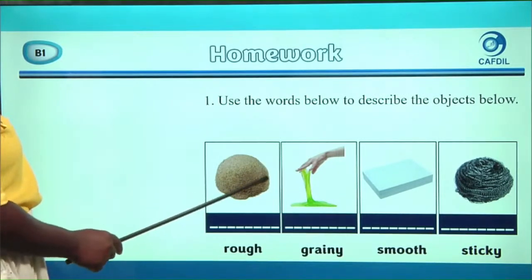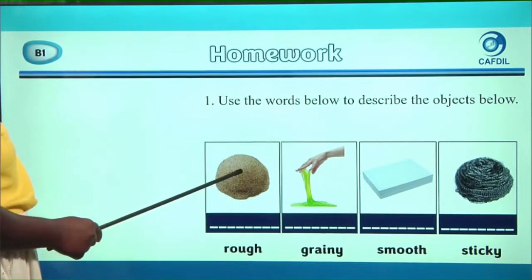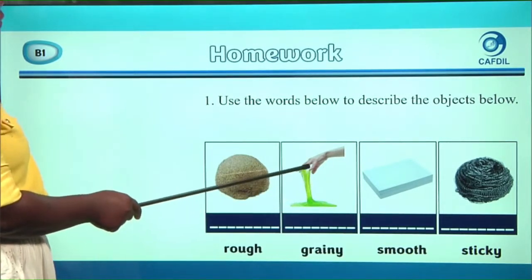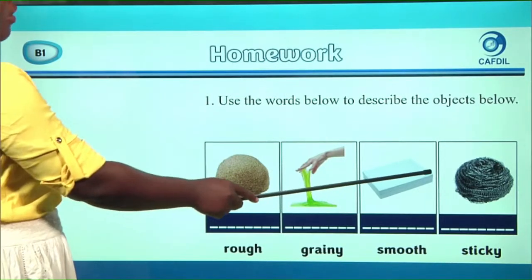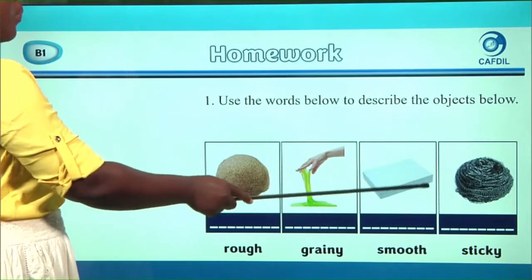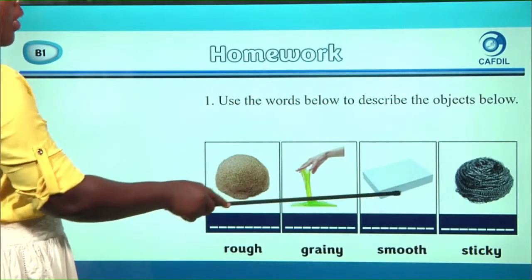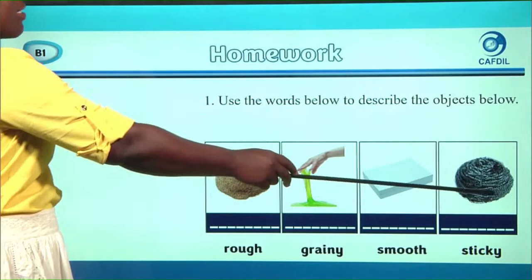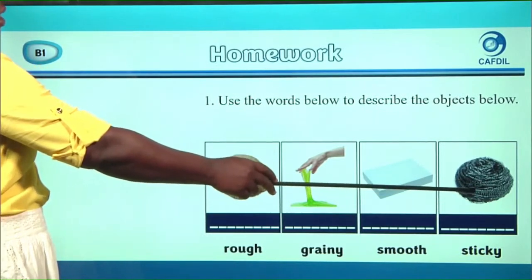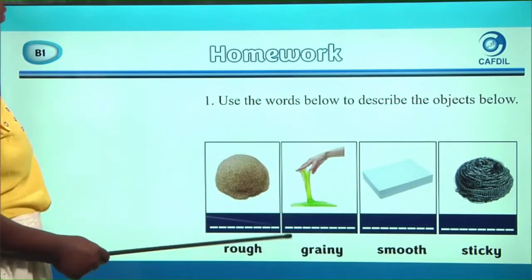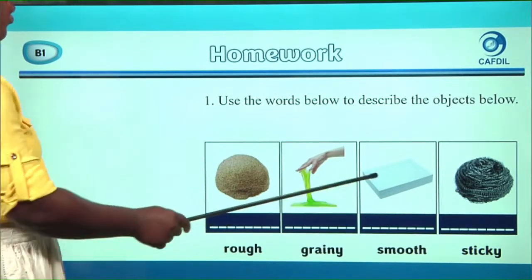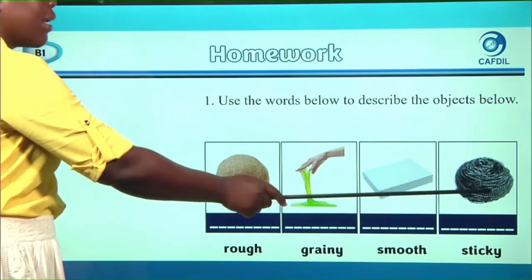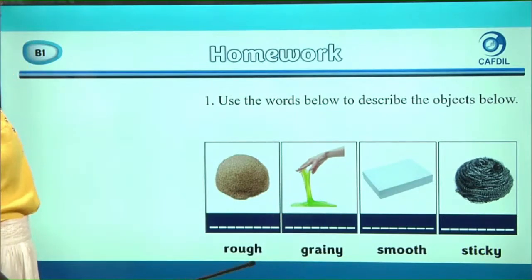We have sand, glue, paper, and a silver sponge.